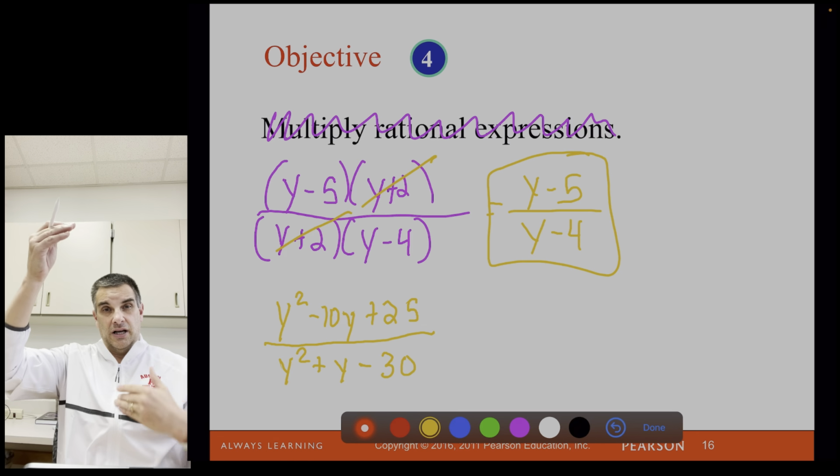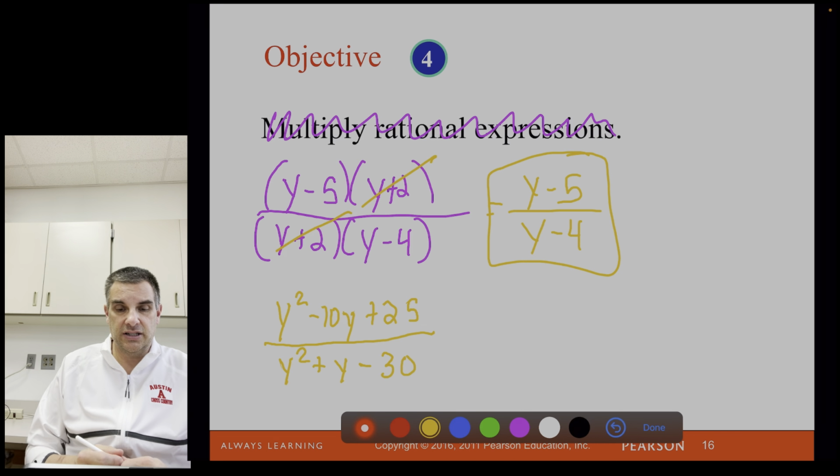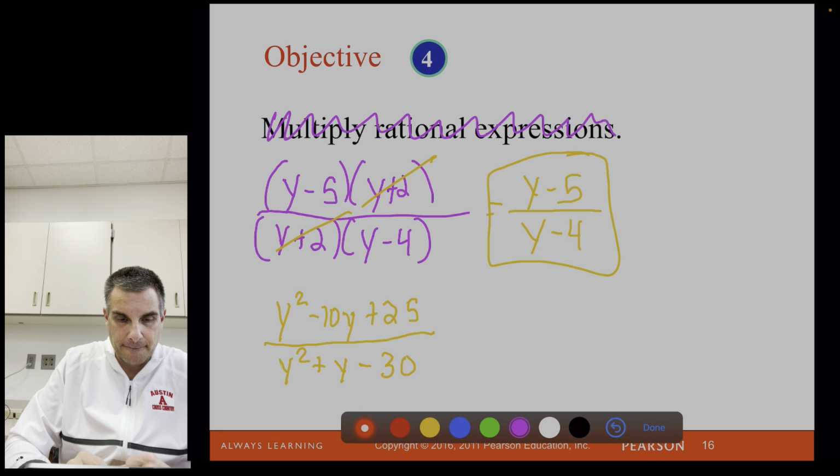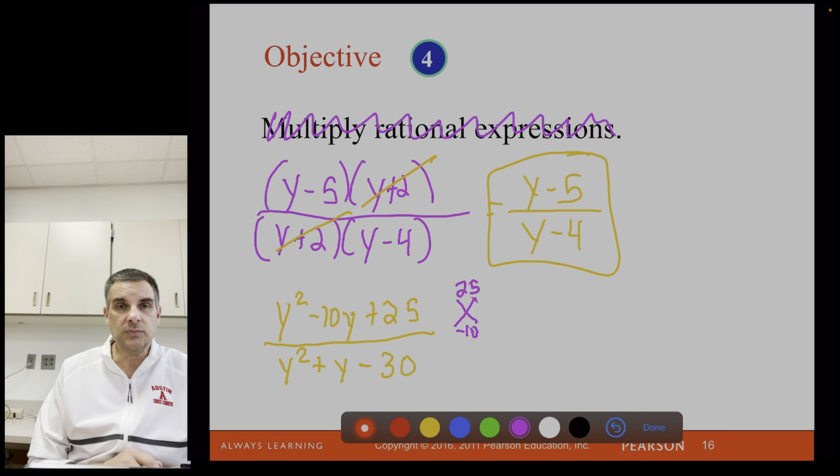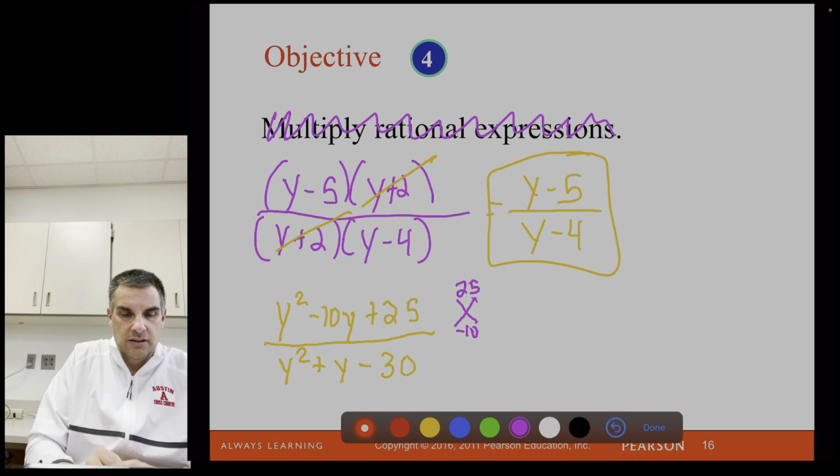We've got something going on in the numerator and denominator, so we need to factor. Use the x method. C value goes on the top, b value goes on the bottom. So we need two numbers that multiply to be 25 and add together to be negative 10. So negative 5 and negative 5. So this factored is y minus 5 times y minus 5.